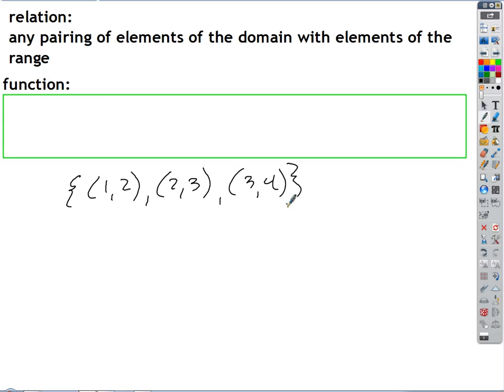But we know more than that, because this is a relation: we are specifically mapping or pairing elements of the domain to elements of the range, right? So in this case, 1 is mapped to 2. Does that make sense? 2 is mapped to 3, and the element of the domain 3 is mapped to the element of the range 4. So it could be any of that stuff. It's just any way that we define a pairing of elements of the domain with elements of the range. A lot of times that's going to look like a mapping, and we'll see a couple examples of that soon.